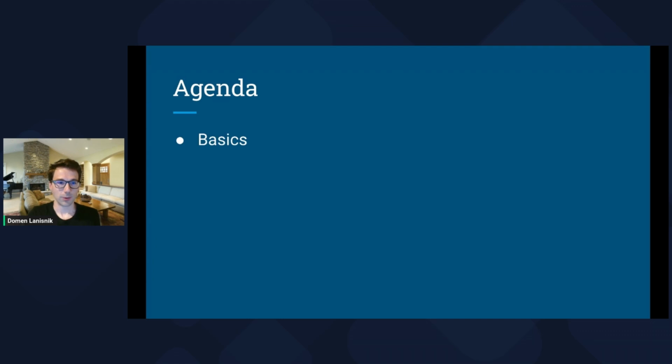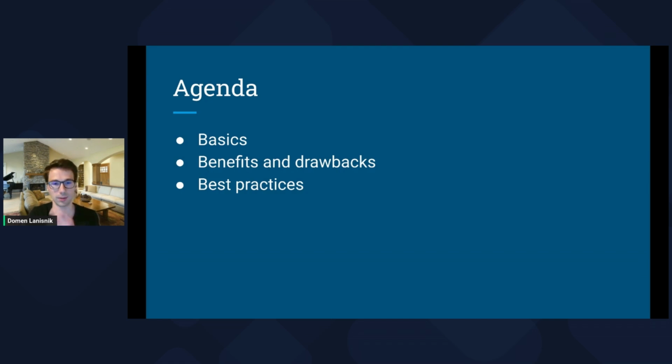So what we'll cover today is the basics, what feature flags are. Then we'll see what the benefits and drawbacks of feature flags are and how we can use some best practices to combat the drawbacks.